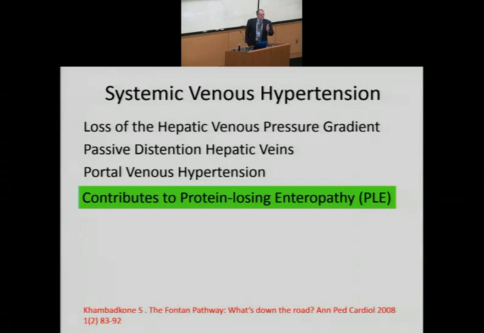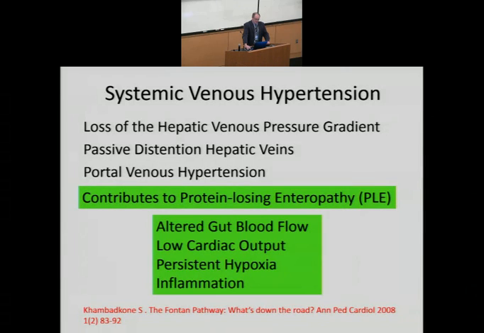And antithrombin 3 is a very small molecule, so the minute that molecule starts to get lost, they are prone to thrombosis. And so many of these patients are on anticoagulants. We start to get altered gut blood flow, low cardiac output, and persistent hypoxemia and inflammation just augment those injuries.